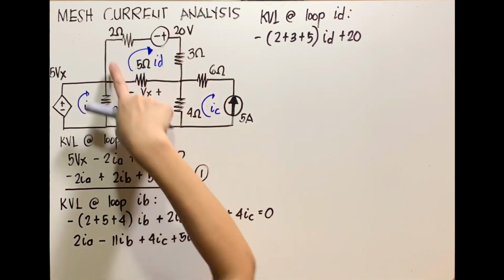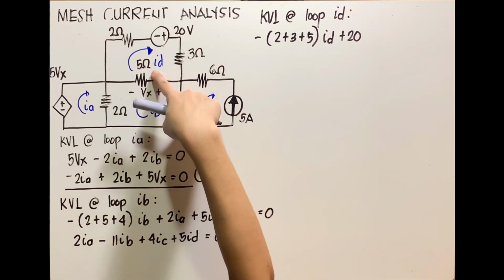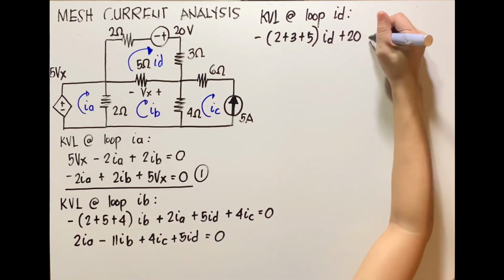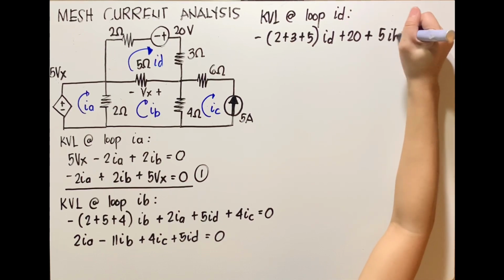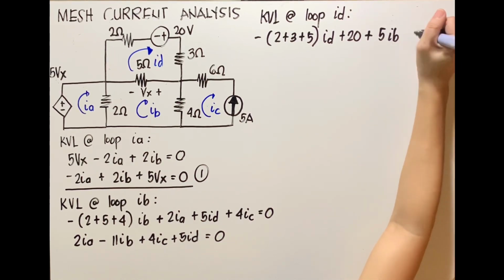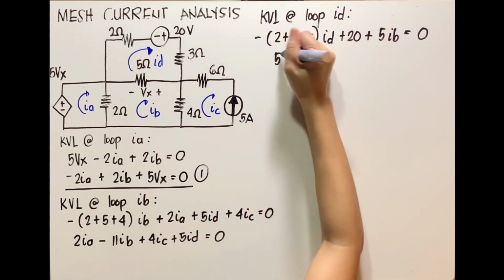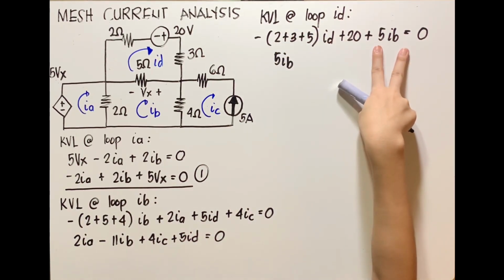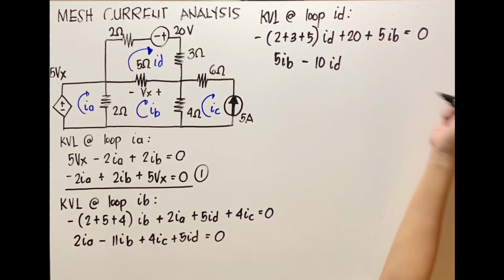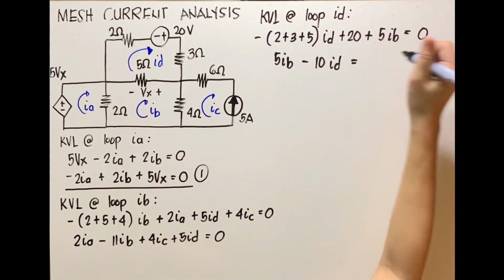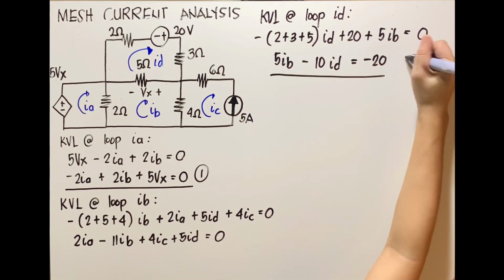At sa mesh na to, ito lang ang may kaagaw na ibang loop. So, it's affected by IB. So, we get plus 5IB for that. Okay, equate that to 0 and then arrange our equation. So, we have positive 5IB and then we get negative 10ID equal to the constant on the right side, which is negative 20. So, let's say this is my equation number 3.